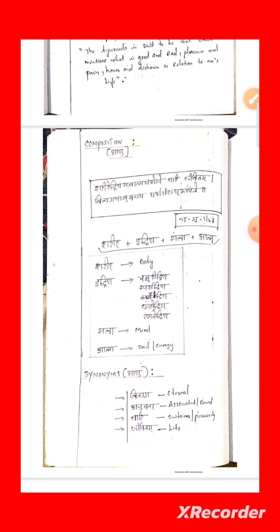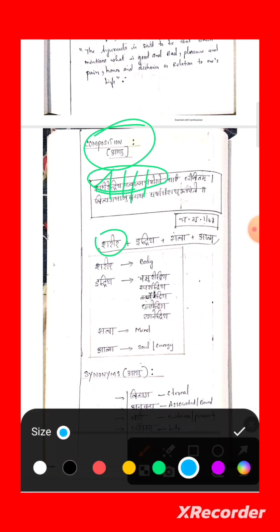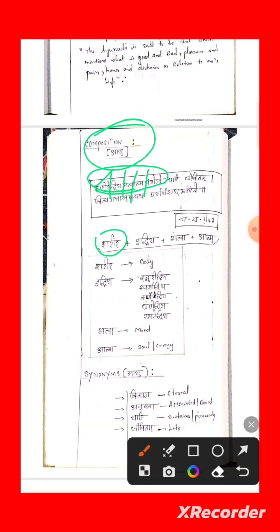So Sharira, Indriya, Sattva, Atma, Samyoga, the combination of this. This is a syllabus point also. Composition of this makes Ayu. And he also gives certain synonyms as well.